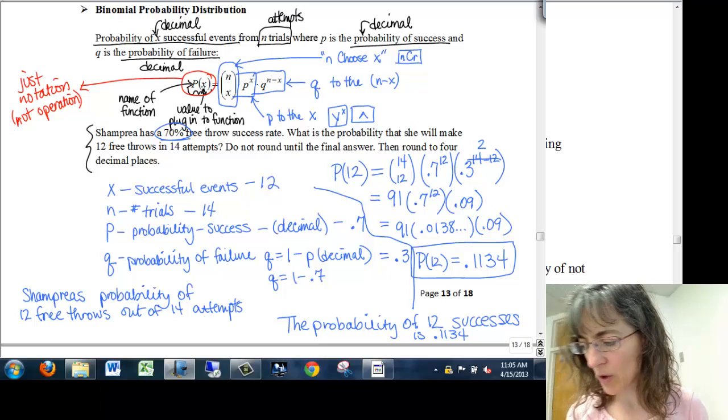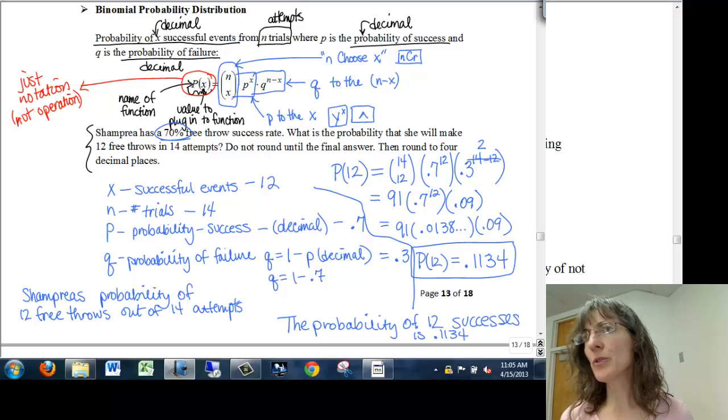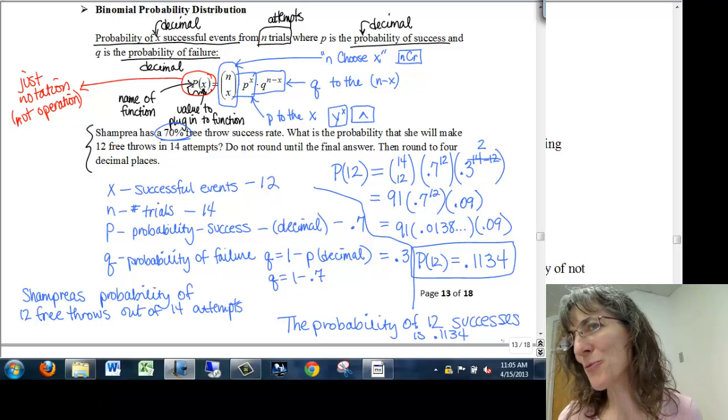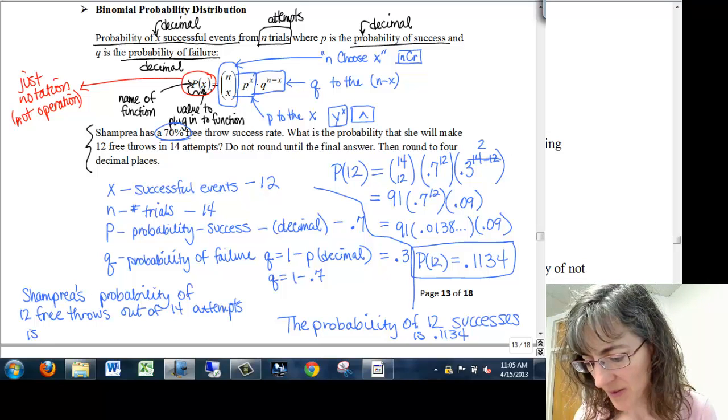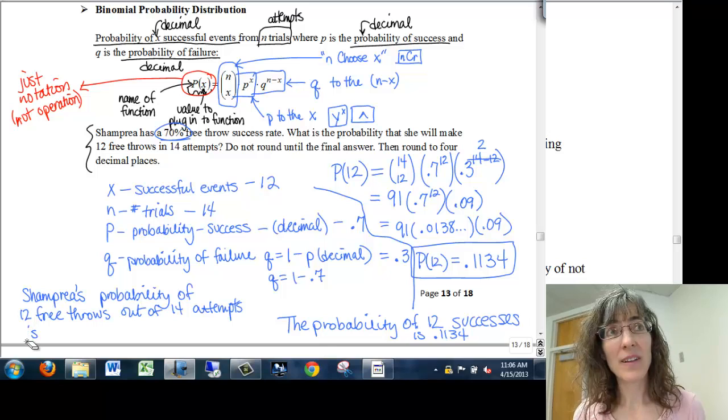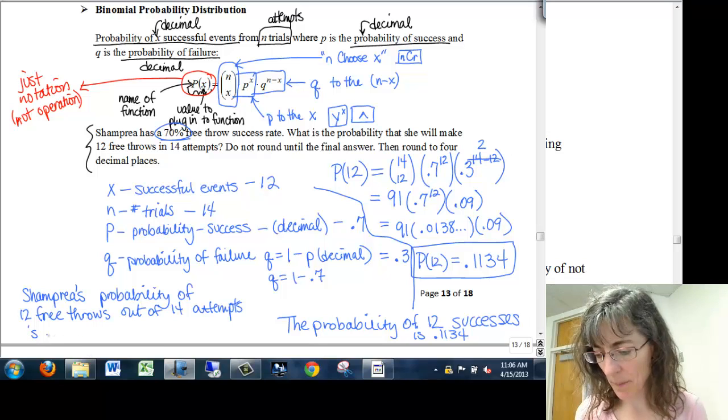Okay, now go back and think about the word that you used in the problem, and does it match the form of your answer? It should be as a decimal because we said probability, right? So it should be what?